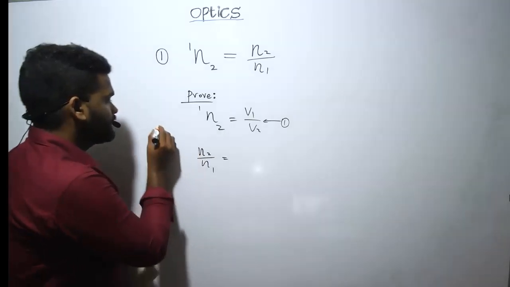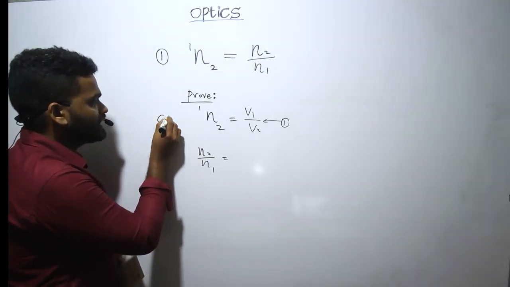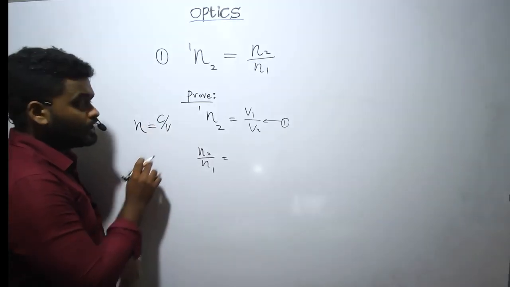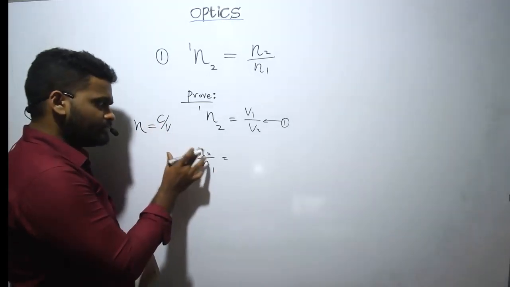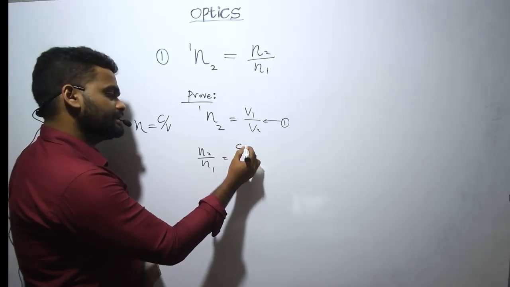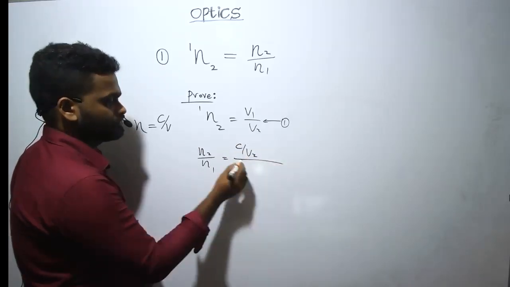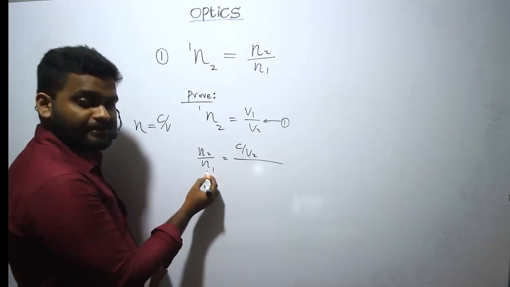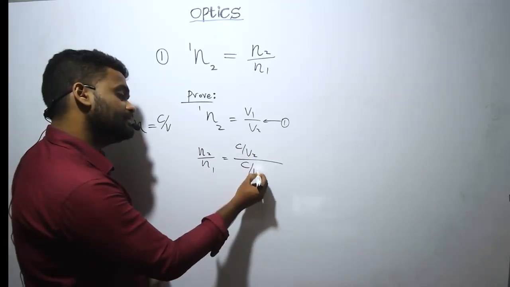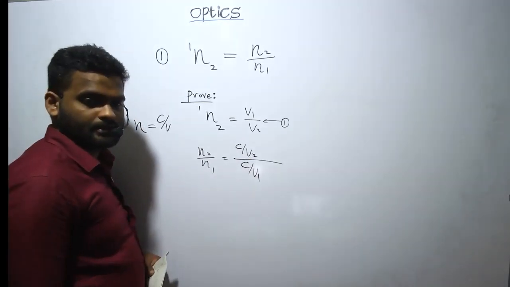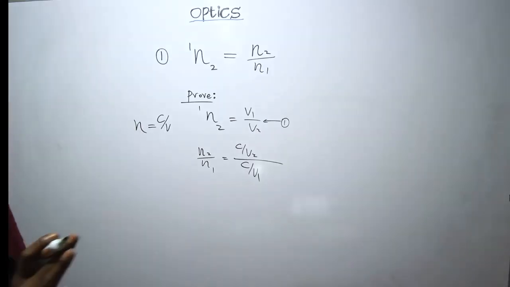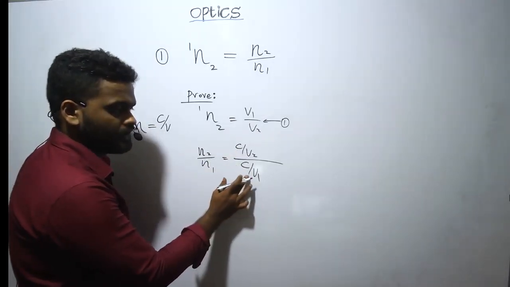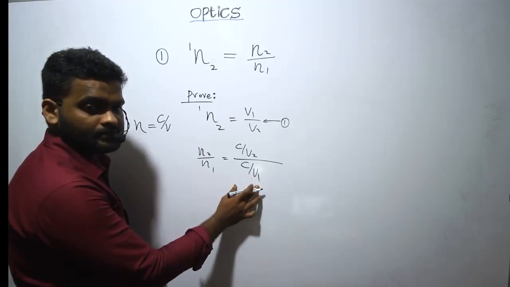For absolute refractive index, you get C divided by V. N equals C divided by V. For the second medium, instead of N2, you can write C divided by V2. Instead of N1, you can write C divided by V1. Okay, if you don't understand, tell me.